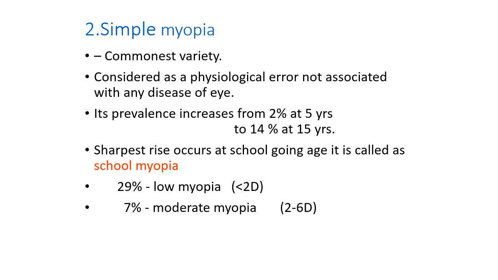Then we are seeing another variety, that is simple myopia, that is the commonest, considered as a physiological error. Its prevalence increases from 2% at 5 years to 14% at 15 years. Normally what happens in a child who is not going to school, as he is playing, he will be attracted to only the near objects.